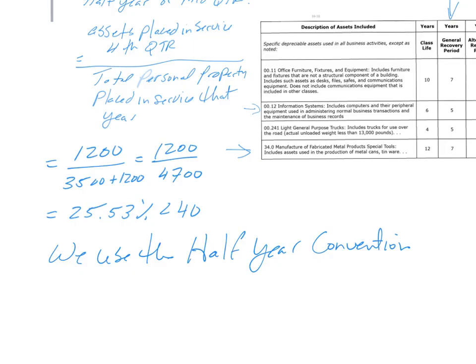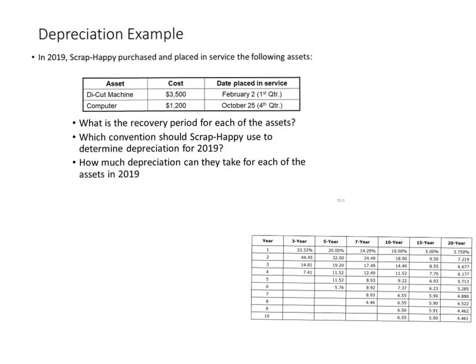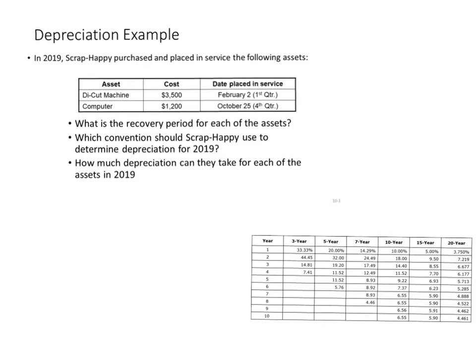All right, so now let's calculate. All right, so now we get to apply kind of what we just looked at and figure out their depreciation. All right, so now that we're on a new slide, we have to remember our recovery periods, and the computer is 5 years, and the die cut machine was 7 years.